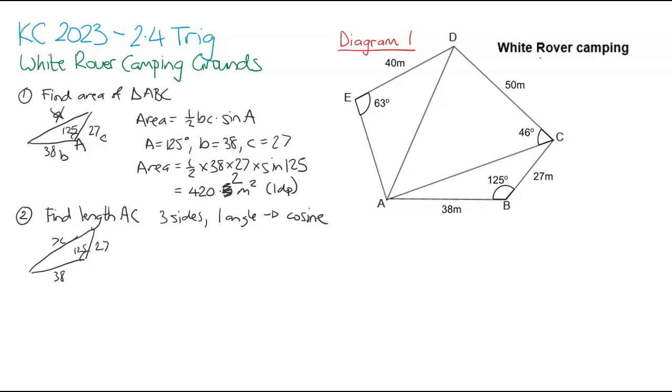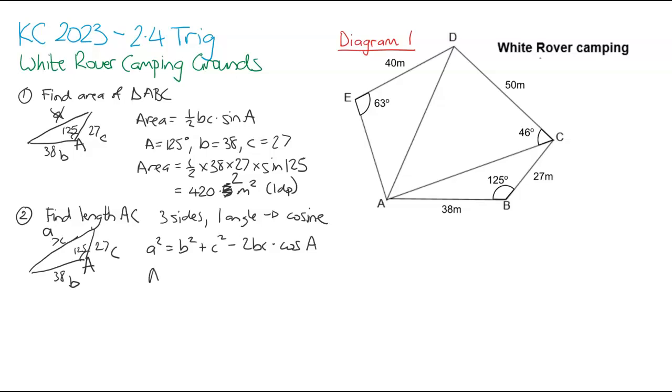So I'm going to jot down my cosine rule, and again, this is on your formula sheet if you do forget it. So a squared will be equal to b squared plus c squared minus 2bc times cos a. So there's my formula. Labeling my triangle, I had big A over here, 125 degrees. I had little a over here, and B and C as the remaining ones.